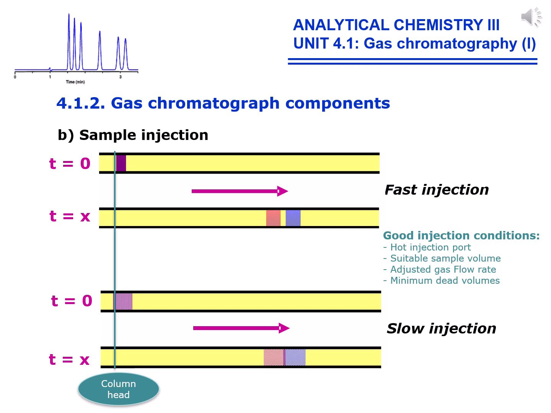To avoid band broadening, the dead volumes around the injection area and the column must be kept to a minimum. At the end, as one of the major sources of gas chromatography errors are injection-related problems, they are usually corrected by calibration with internal standards. We will return to this aspect.